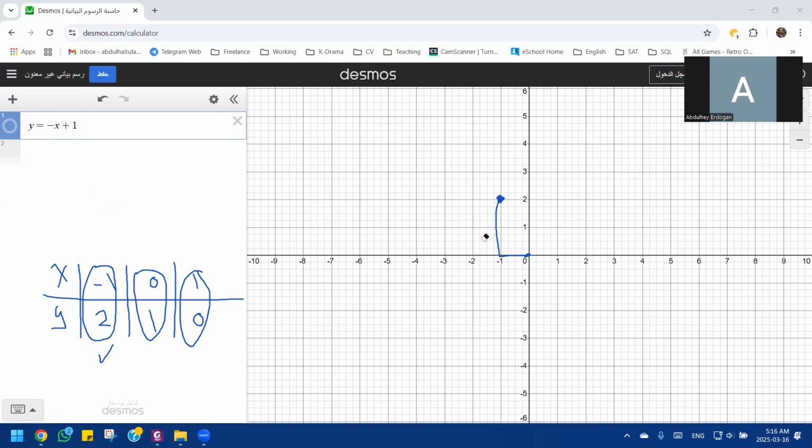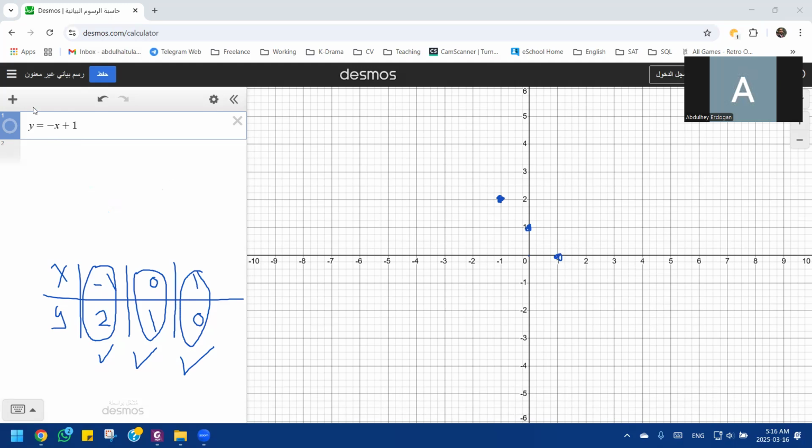Second point, x 0 and y 1. Is it enough to draw the line? It is enough. You can have your ruler and draw it like this. But we have the third point just to make sure that it's correct. Now x 1, y 0. So now, yes, it is a straight line.